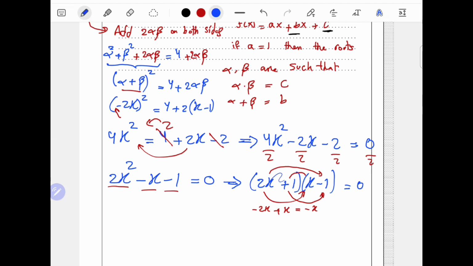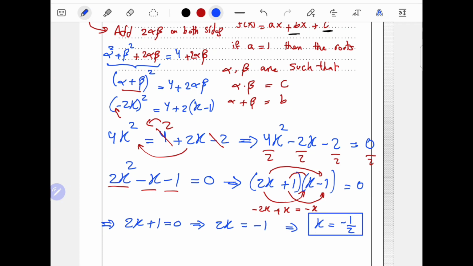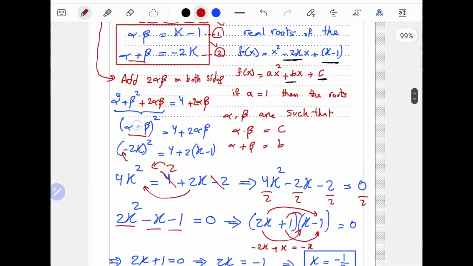The product of two terms equal to 0 means that either 2k plus 1 equal to 0, which means that 2k equal to minus 1, or k equal to minus 1/2. That's the first possible value of k. Another value is when the term k minus 1 equal to 0, this means that k equal to 1. So these are the two possible values of k.